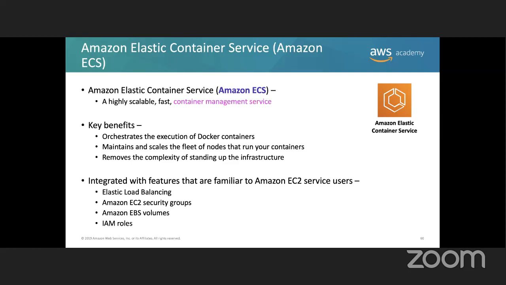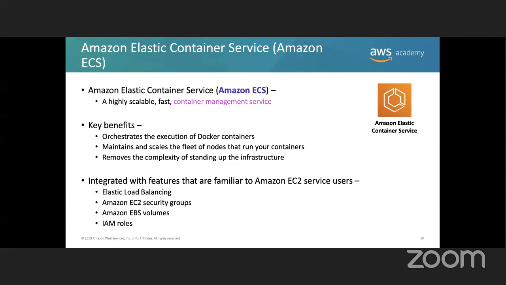Okay. So this is a highly available and scalable, fast container management service. The key benefits: it orchestrates the execution of Docker containers. Okay. It maintains and scales the fleet of nodes that run your containers and removes the complexity of standing up the infrastructure. Okay. That complexity is found using EC2 instances separated by themselves, on their own.